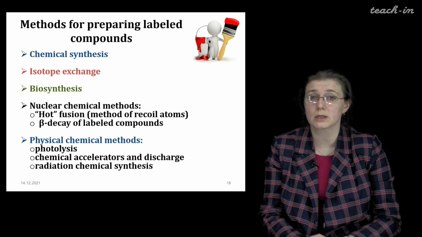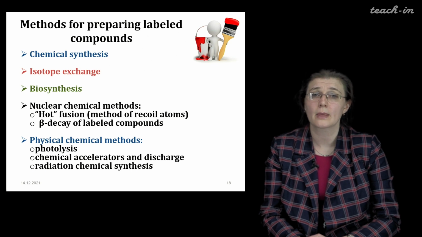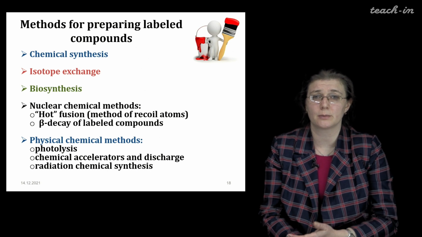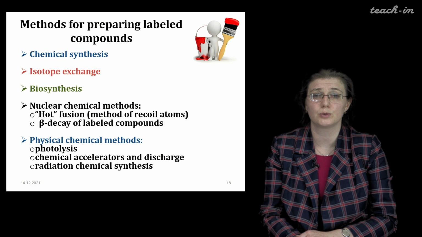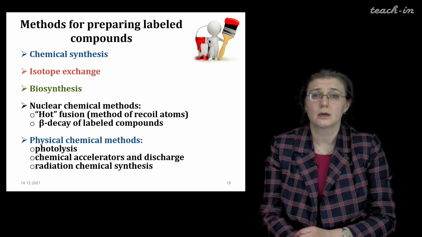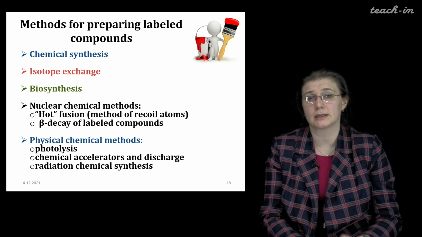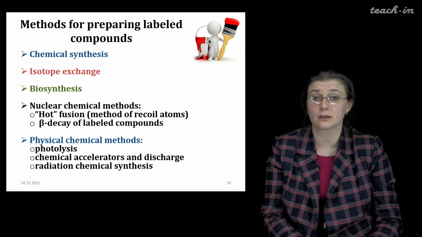And in most cases, the chemical synthesis is provided automatically, and in particular for preparation of labeled materials for nuclear medicine, the whole synthesis is automatic, and the chemist just controls the process by computer and then provides an analysis of the final product.